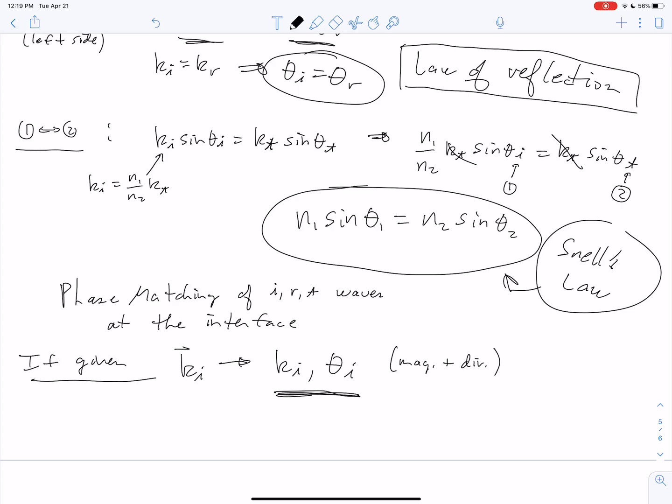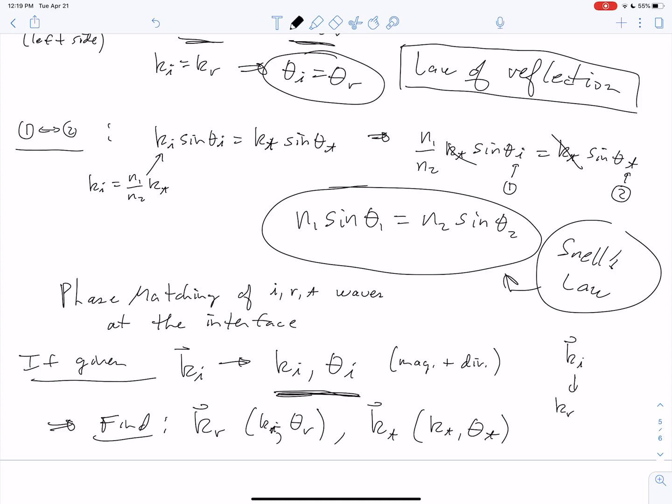Then we can easily find Kr, which is the magnitude and theta r, and we can easily find Kt, which is the magnitude and the direction. So we know how to get from Ki to Kr and Kt. We know how to do that using Snell's law and the law of reflection.